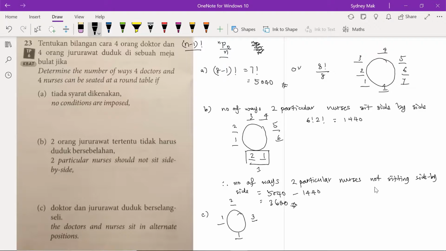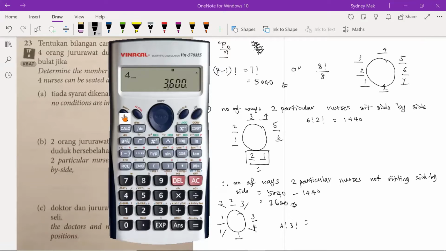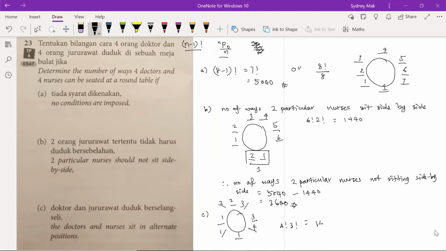And now there are spaces in between them, 1, 2, 3, 4. Therefore, the rest will take their spaces. So 4, 3, 2, 1. Therefore, the number of arrangements will be 4 factorial times 3 factorial. So 144 ways. Okay, that's it for question number 23.